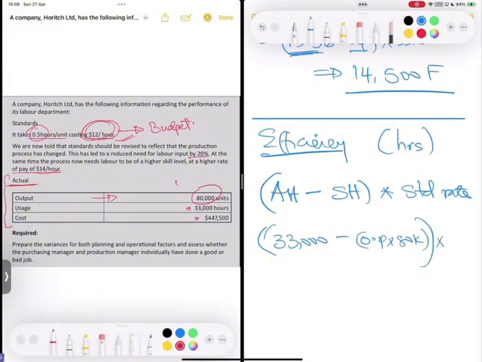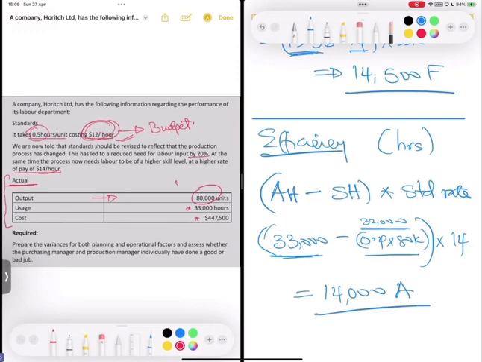Then the rate is the standard rate, which is now 14. So that is 33,000 minus 32,000 times 14, and that is 14,000. So we are using more hours than we should have used, and that is adverse. Because when we consume more hours than we should have consumed, it's bad. We're going to pay more.